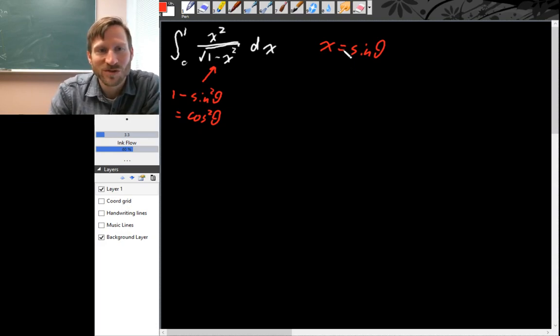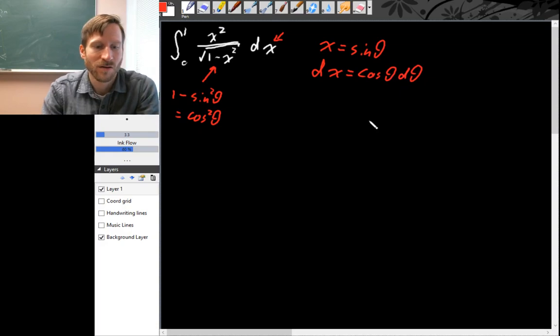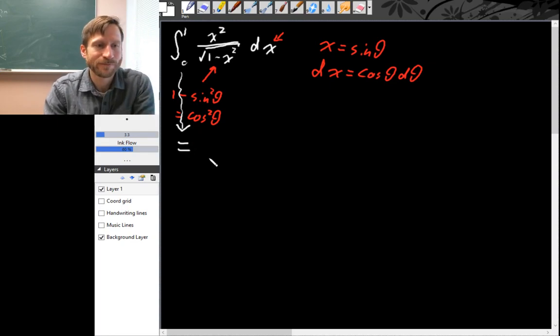Of course, once we've chosen x equals sine theta, we have to get rid of all of the x's in this integral and turn them all into thetas. And that includes the x right there in the differential, so we need to calculate dx. So dx is cosine theta d theta. All right, and now we can transform this integral.